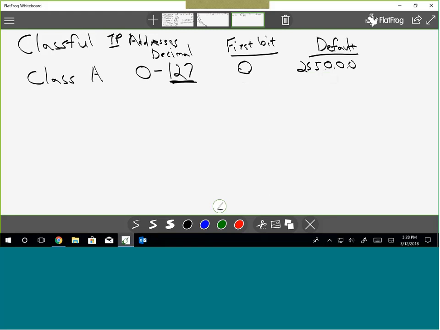So for instance, if I write the address 10.0.0.1/8, and by the way, /8 is shorthand for 255.0.0.0. Why does this equal this? Anybody know? It's a CIDR block.